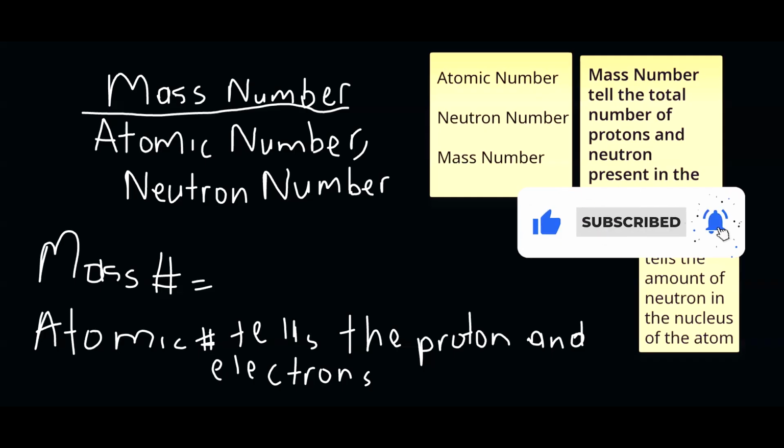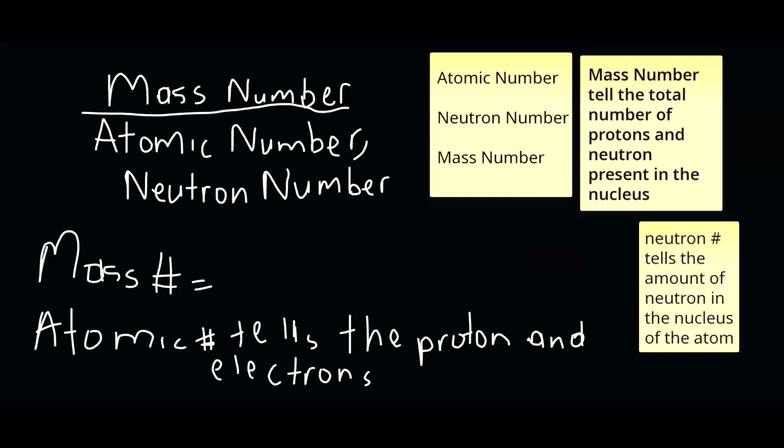Today, we're going to be learning about atomic number, neutron number, and mass number. Now, the mass number tells us the number of protons and neutrons present in the nucleus of an atom. We looked at the nucleus of an atom in our previous video.